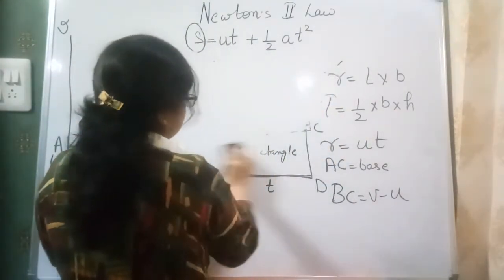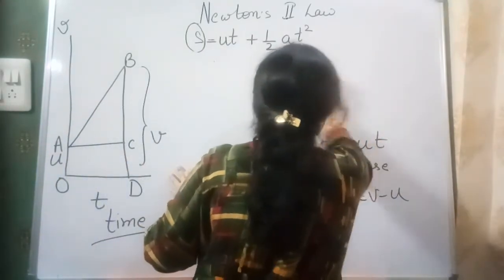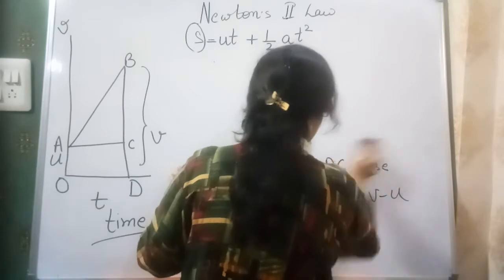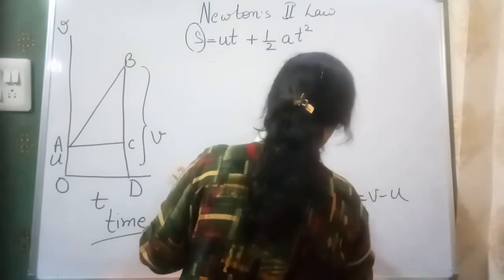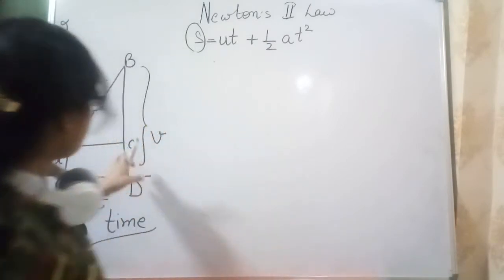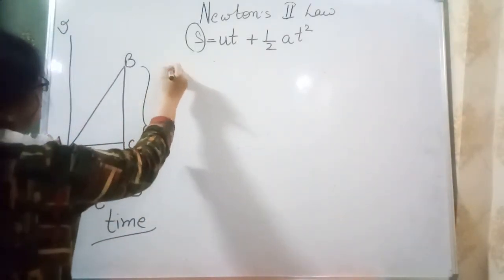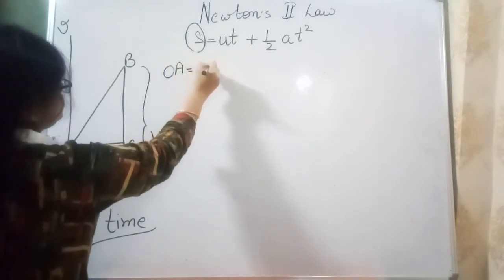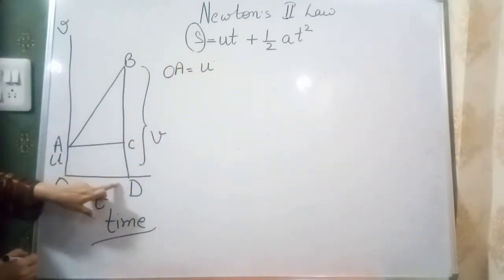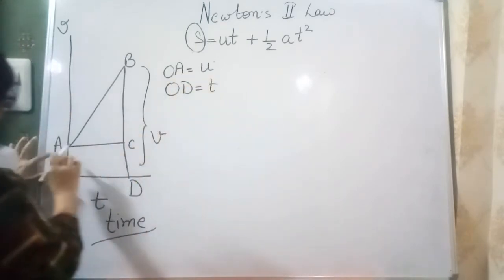Now again I am going to explain. Again I am repeating. Now concentrate properly. If this concept goes in your mind, then it's very easy to derive this equation graphically. Now see your picture over here. From here, OA is equal to U. Clear? OD is equal to T. Clear?